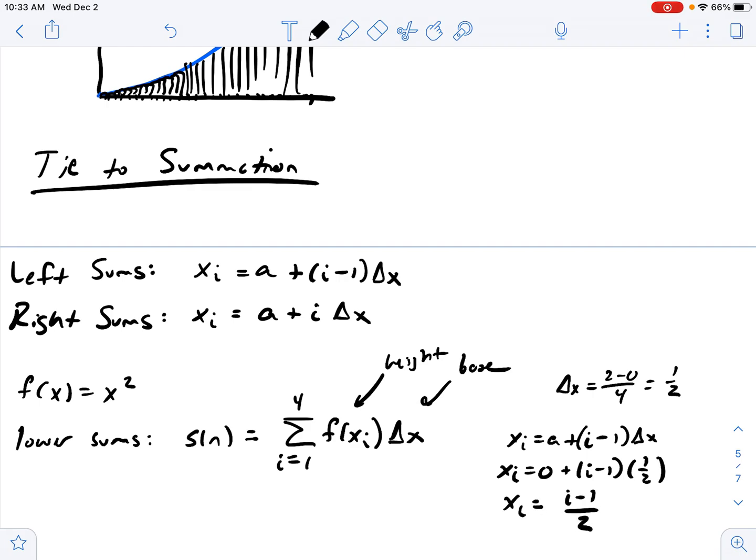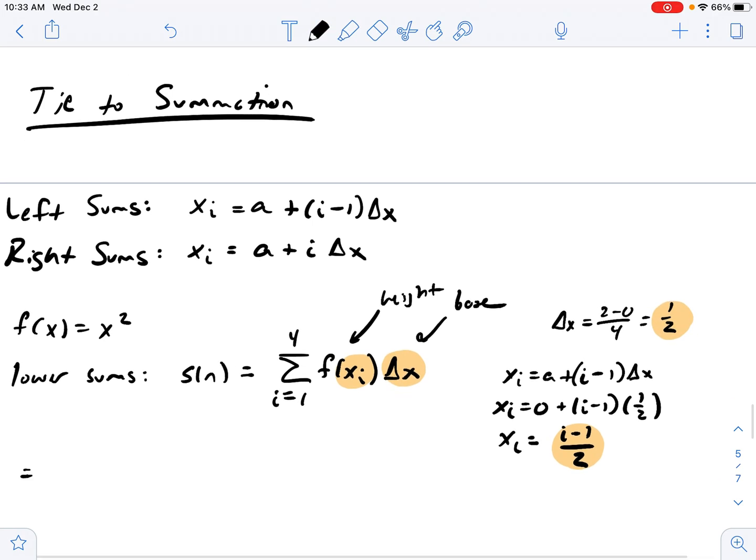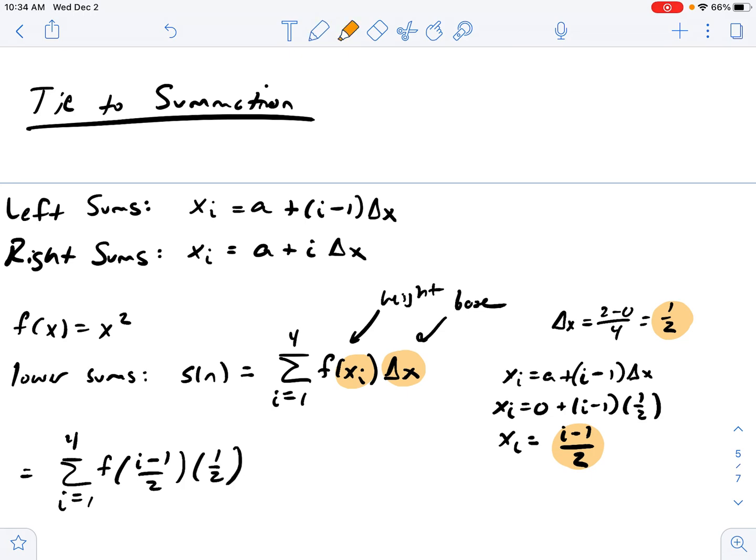So x sub i cleaned up is i minus 1 all over 2 if I choose to write it like that, okay? So that's what I'm going to sub in for x sub i, and I'm going to sub a half in for delta x. So let's see where this takes us. So we get summation i goes from 1 to 4, f of i minus 1 over 2 times delta x, which is a half. All right.